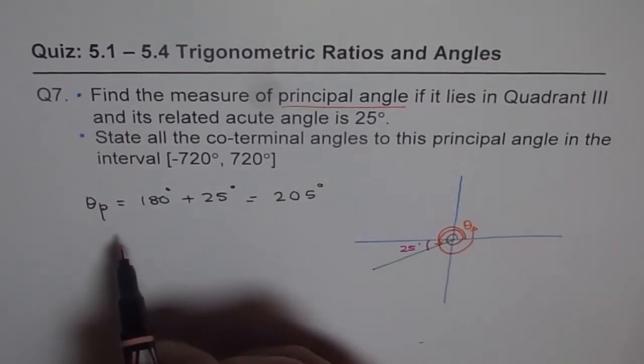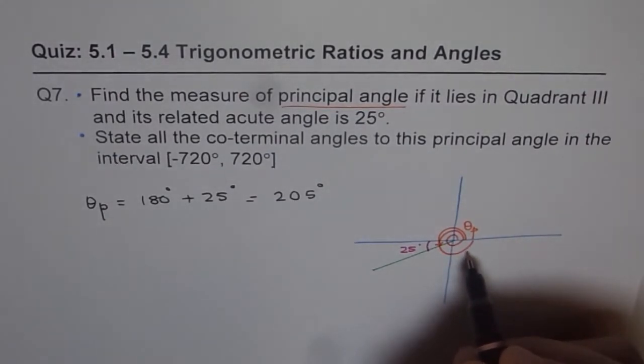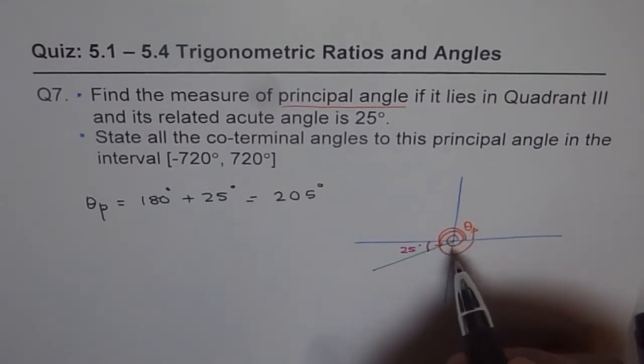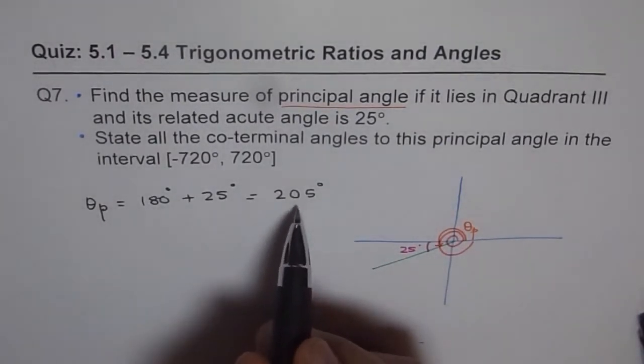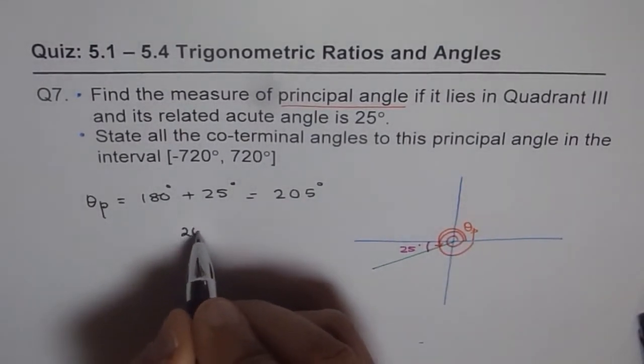So we need values between these two circles. If you go from the positive side, then the first value will be the principal angle 205 itself. So the first answer is 205.